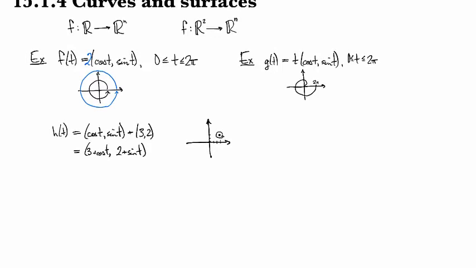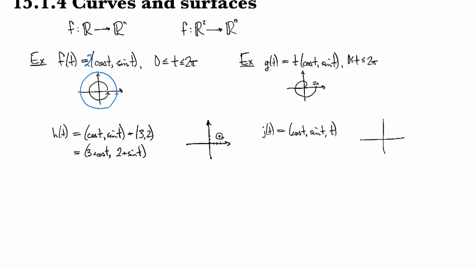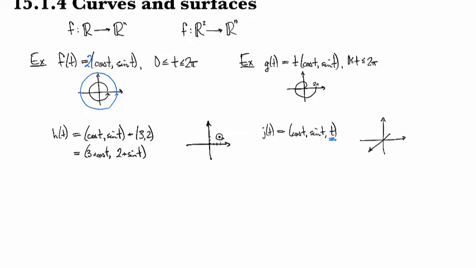And we could go even further with this. Suppose we had cosine of t, sine t, t. We're still going from 0 to 2 pi, but now we're in 3 dimensions. If I fixed the third coordinate to be equal to 0, it would trace out this path in the xy plane.